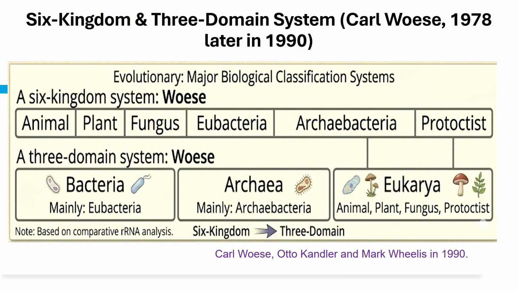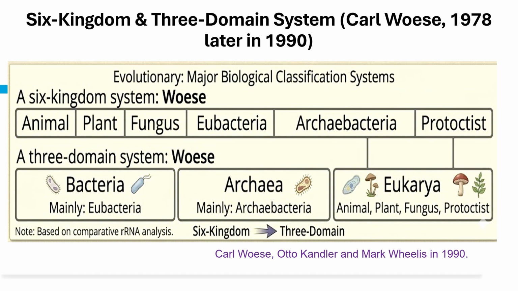In 1978, a scientist named Carl Woese looked past the microscope and into the molecular clock of life. Ribosomal RNA, but what he found was shocking, very shocking. He discovered that some organisms we thought were just bacteria were actually as different from bacteria as we are.